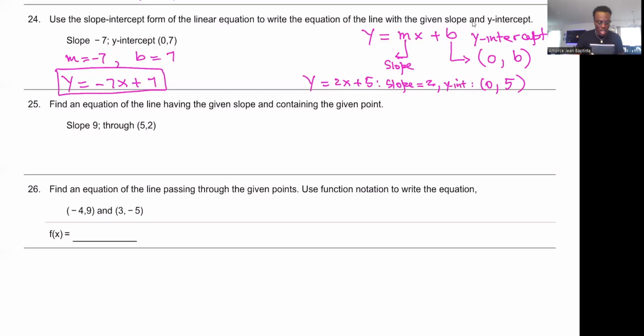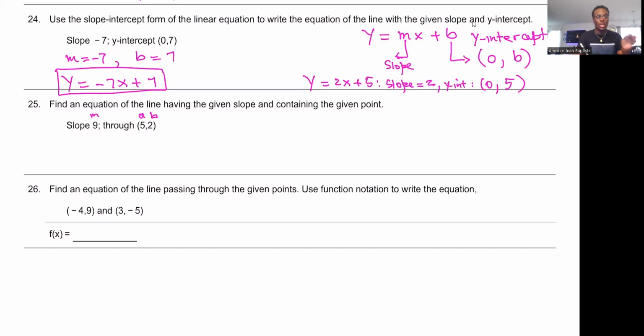However, if the first coordinate is not 0, the point that is given to you cannot be used as the intercept. Here's what you do. Let's suppose that this is A and this is B, and they give me the slope m equals 9.